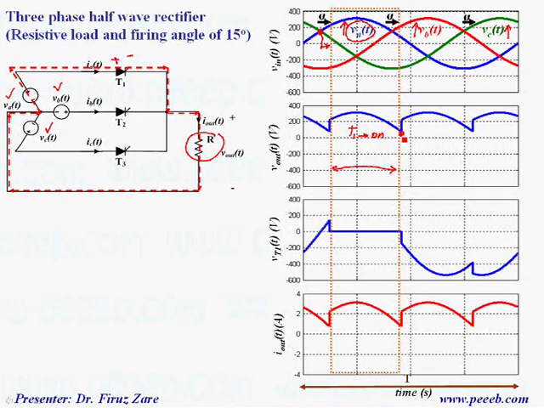At this time, we apply a gate signal to the second thyristor, which corresponds to the other current loop.